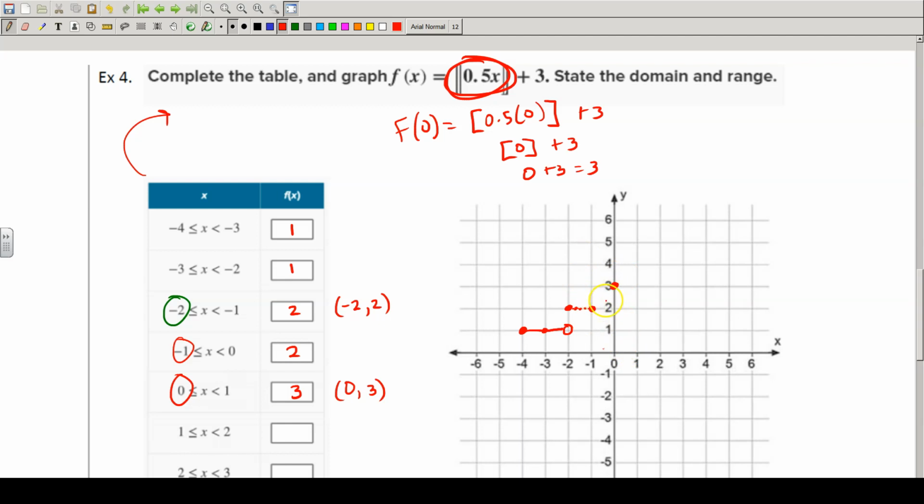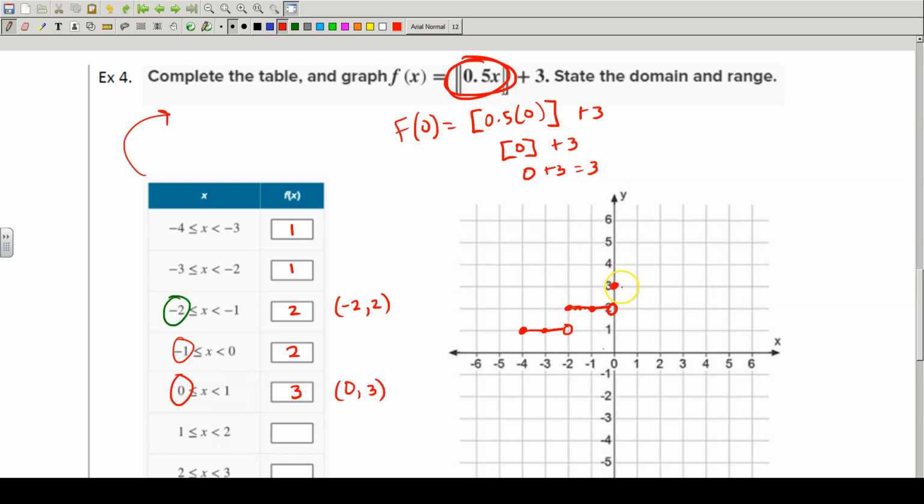So now our steps are basically 2 units long. And once you see the pattern that is happening here, you can assume the pattern continues to happen. So at 0, I'm going to have an open circle right here, because at -0.01, I'm still going to have an output of 2, but once I hit 0, now I'm going to have an output of 3.